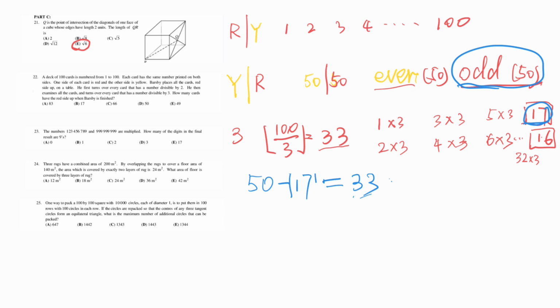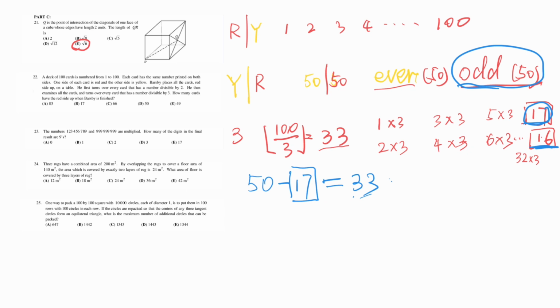We turned the 17 multiples of 3: 1 times 3, 3 times 3, up to 33 times 3. That's the 17 numbers. And multiples of 3 also include 16 even numbers.